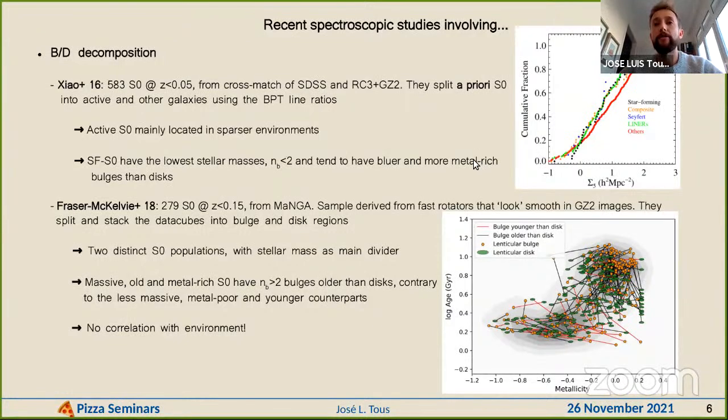Here I'd like to comment on two very nice works involving bulge to disk decomposition. A first one by Xiao 2016, in which they study around 600 nearby S0 galaxies. They split their sample a priori into active galaxies and other kinds of galaxies according to a BPT classification.